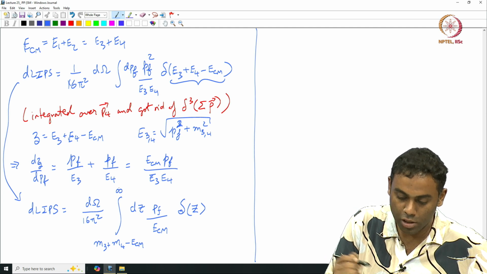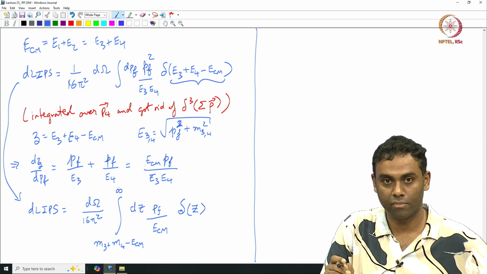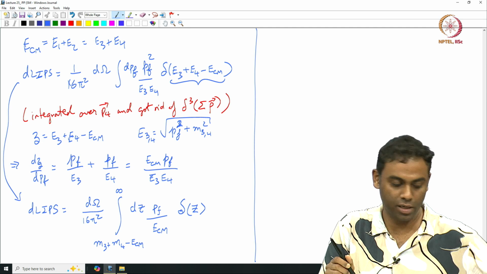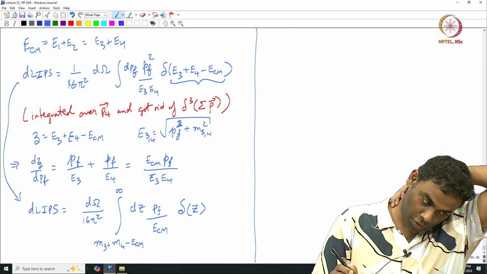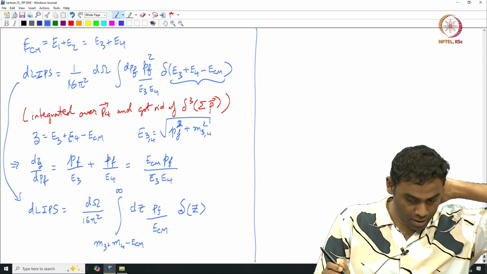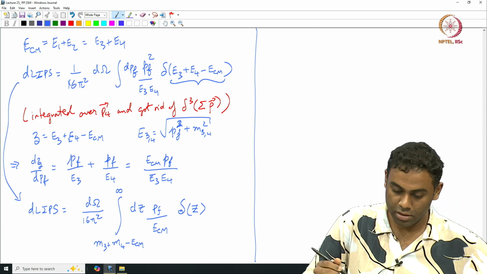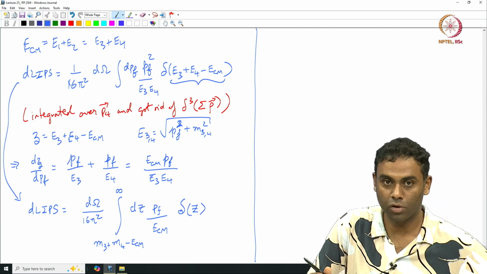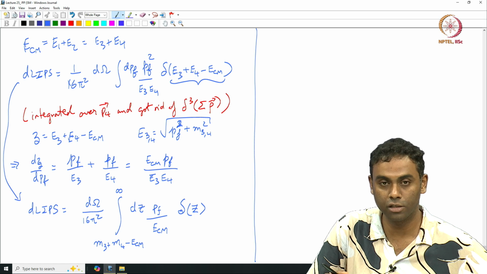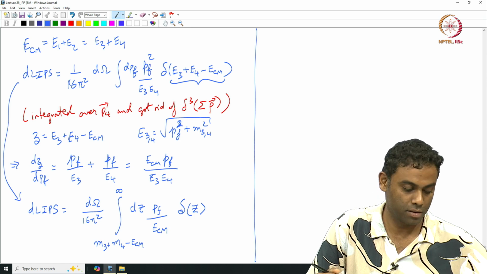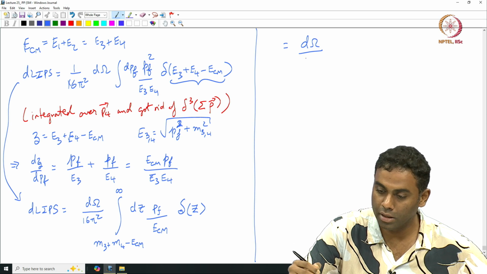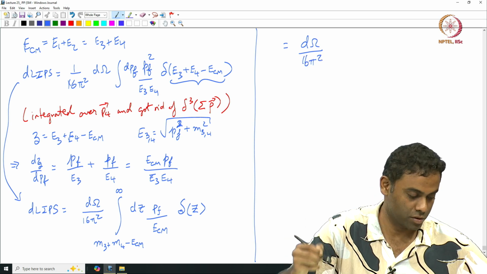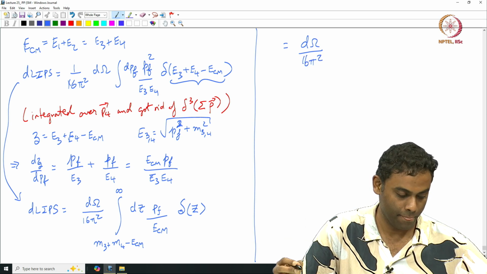Of course, it can go all the way to infinity, right. So you can have infinite momentum also. Okay. So what is this? If you do the evaluation, what is an integral over a delta function written this way? That is nothing but d omega over 16 pi squared.